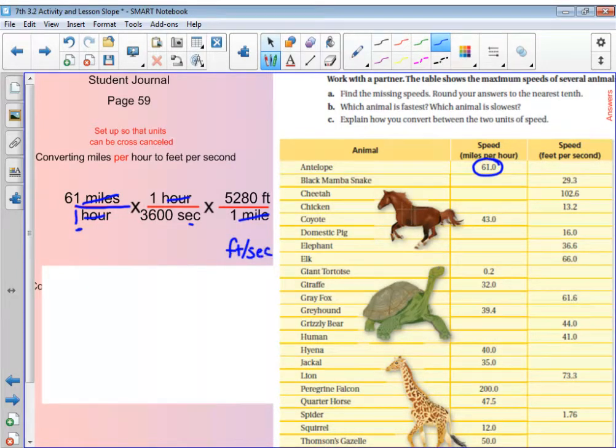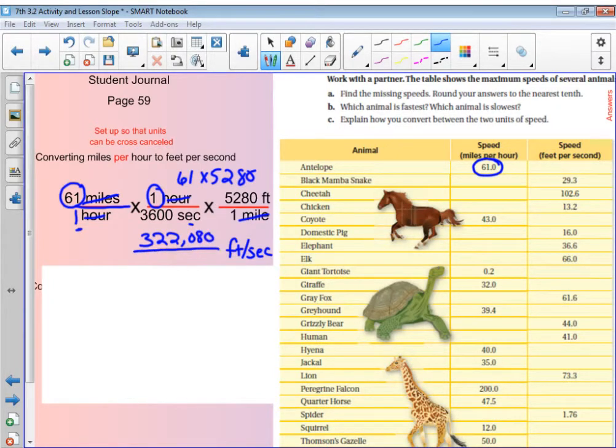And then to find my answer, I'm going to multiply the numbers straight across on each level. So here I have 61 times 1, which gives me 61, times 5,280. Of course you can use a calculator for this. I'm not checking your longhand multiplication. So 61 times 5,280 gives me 322,080 as my top number.